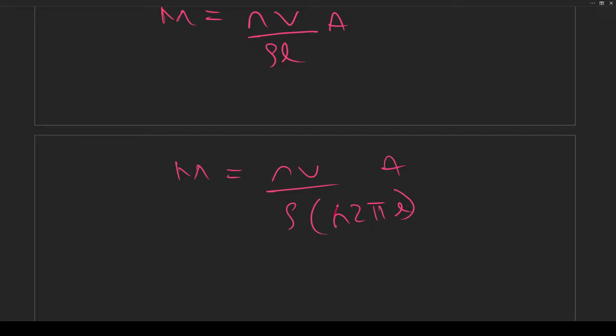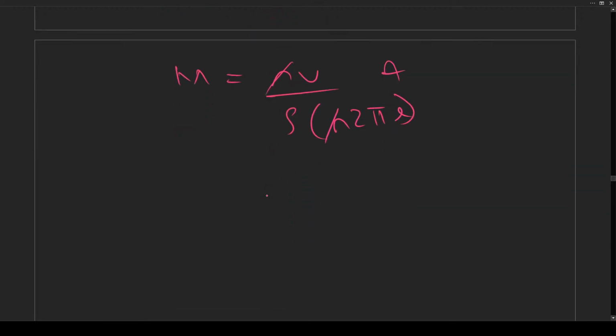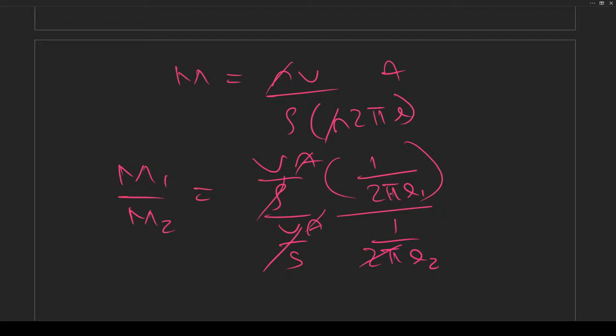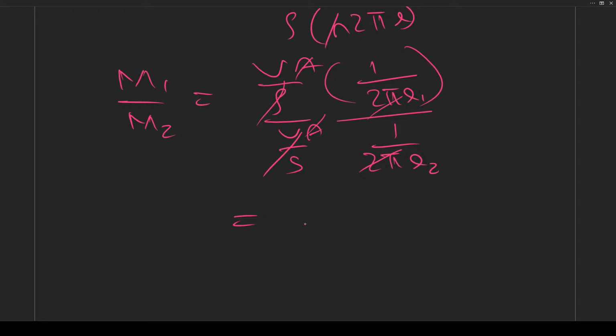The n cancels. So M1 by M2 is equal to V by rho, which is common, cancels. Area is also common, so cancels. 1 by 2 pi r1 by 1 by 2 pi r2. 2 pi cancels, so it is r2 by r1.